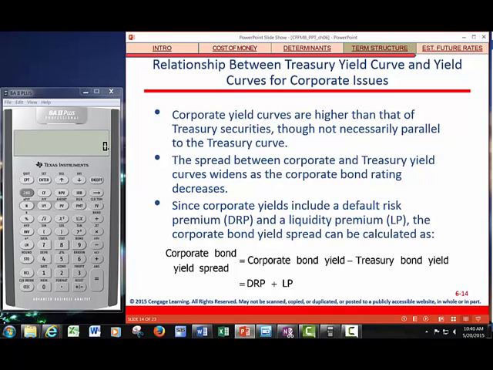If we subtracted the Treasury bond yield, then what we would have left in terms of that equation is the default risk premium plus the liquidity premium. If you were trying to get a corporate bond yield, then you could take the Treasury bond yield and add the default risk premium plus the liquidity premium. And this is just because the corporate bond is not going to be liquid like the Treasury bond, and the corporate bond has default risk. The company can go bankrupt.